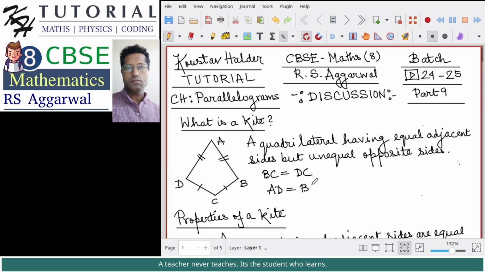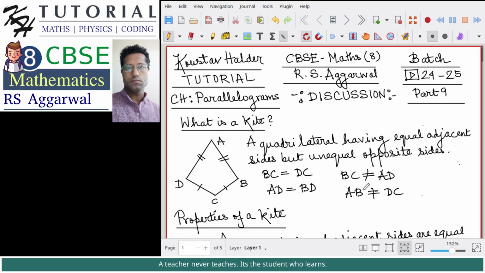So this is one criterion, that the quadrilateral has two pairs of adjacent sides which are equal. But the other criterion is that any two opposite sides must be unequal. That is, BC should not be equal to AD, and AB should not be equal to DC.